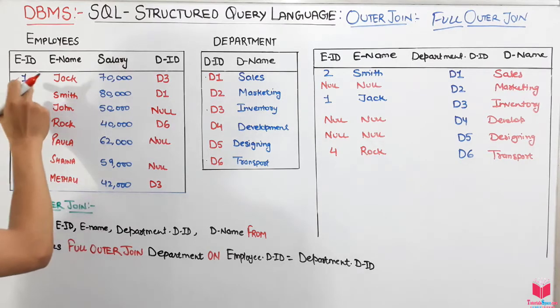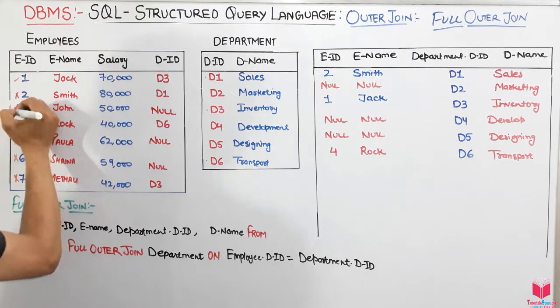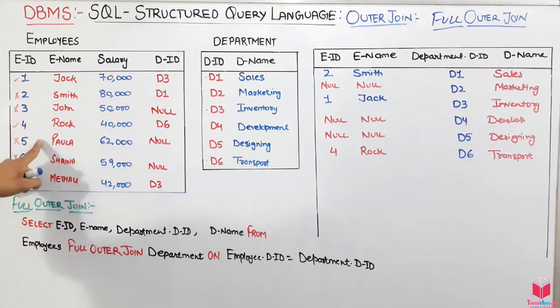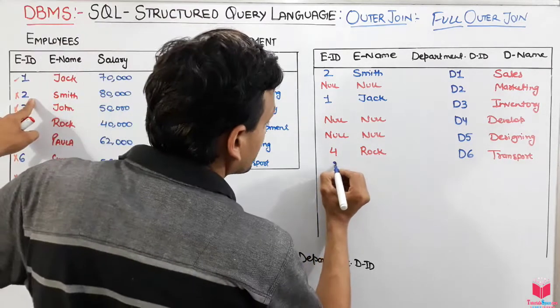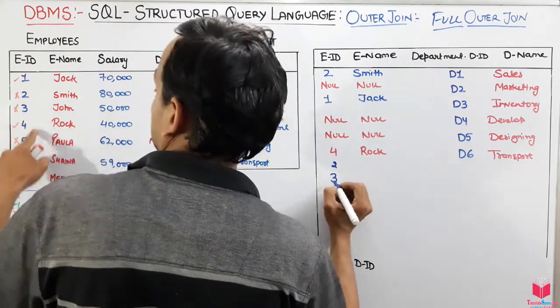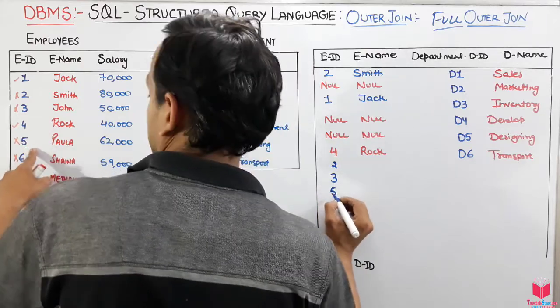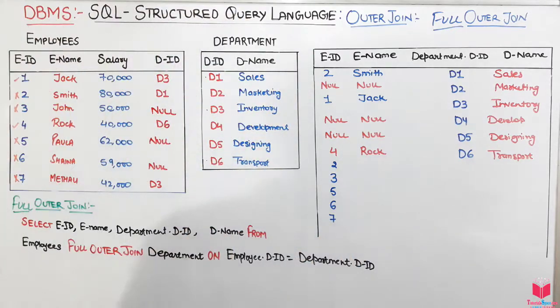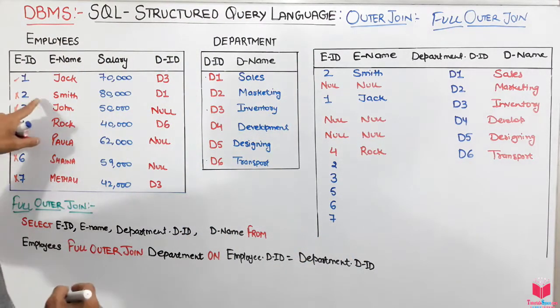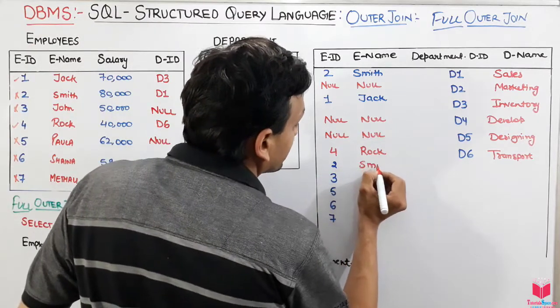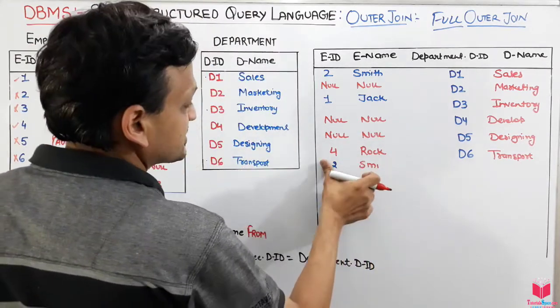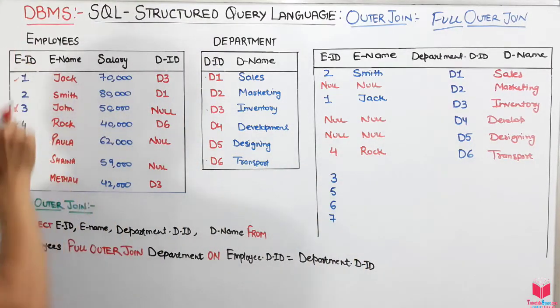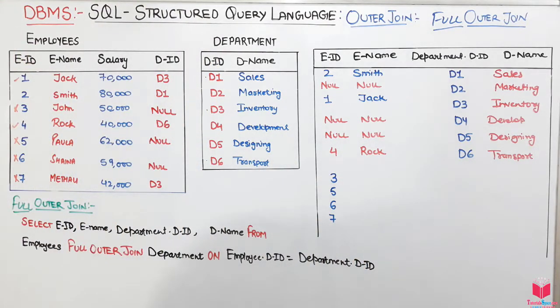So the remaining ones are 3, 5, 6 and 7. The 2 is Smith, but we have already taken Smith. We have not taken 3, 5, 6, 7. That will be the output.